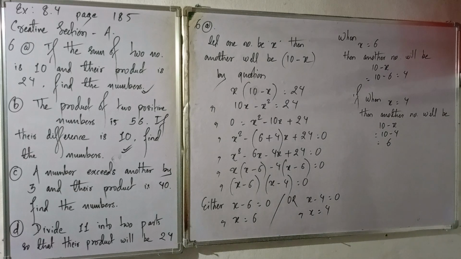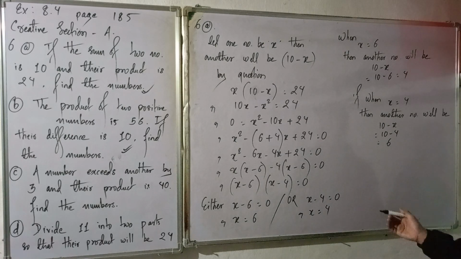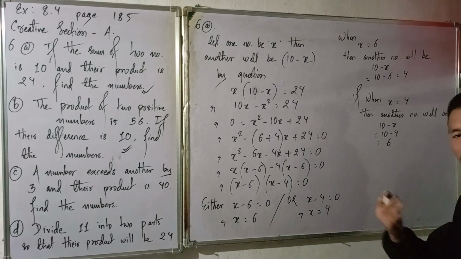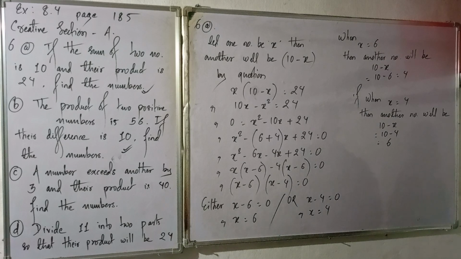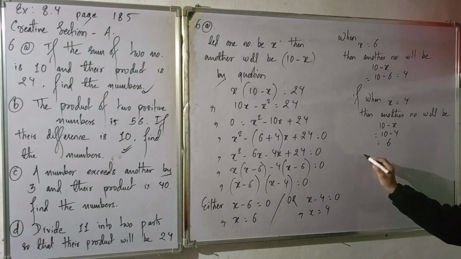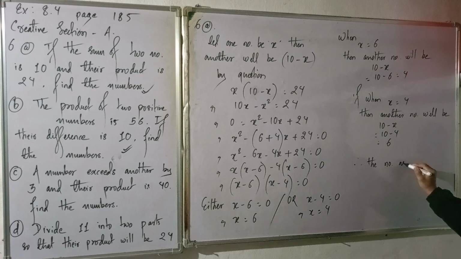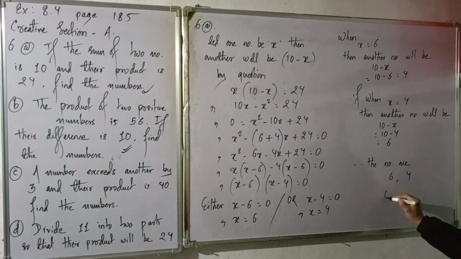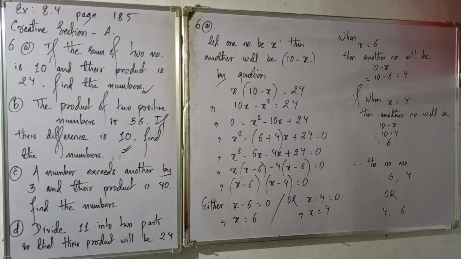So in this case there are two values, okay? Therefore the numbers are 6 and 4, or 4 and 6. This is how you represent the answer.